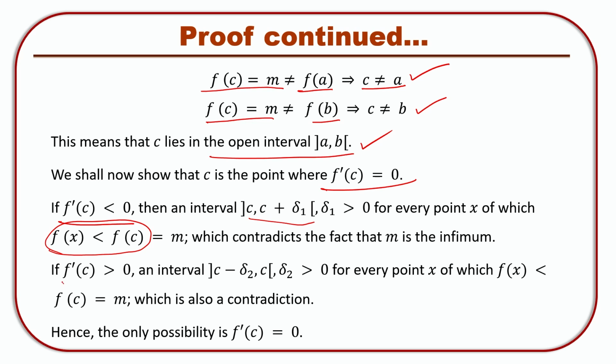And if f dash is greater than 0, then f(x) is less than f(c) for each point of c minus delta 2 to c, right? Which is a contradiction. It cannot happen like this because it contradicts the definition of infimum, and hence f dash of c is equal to 0.